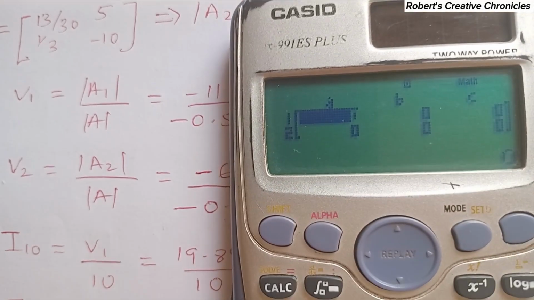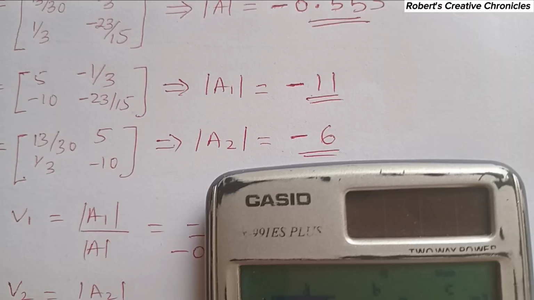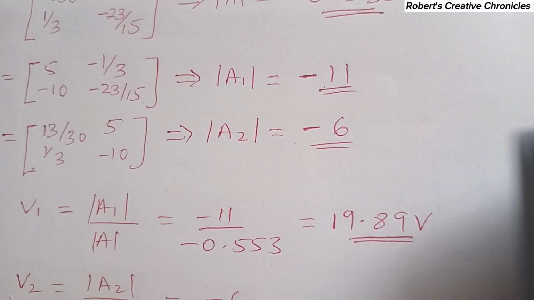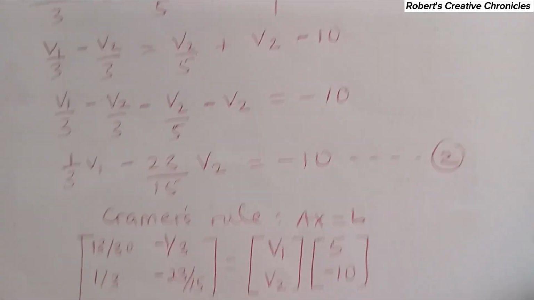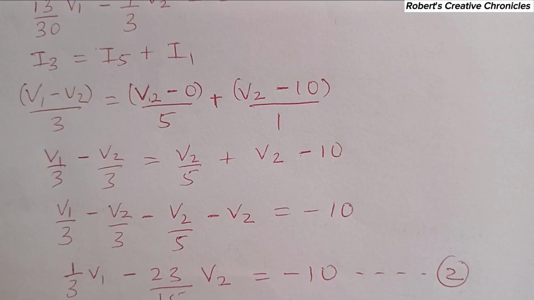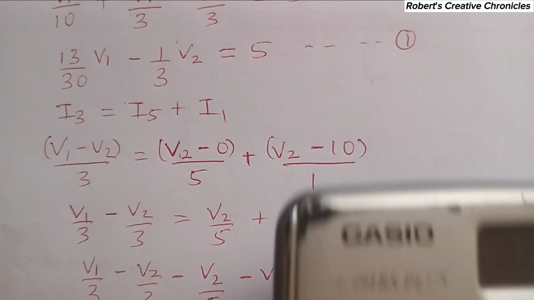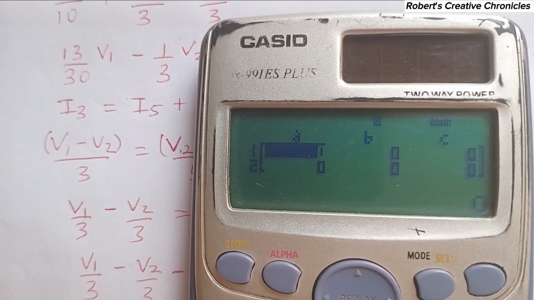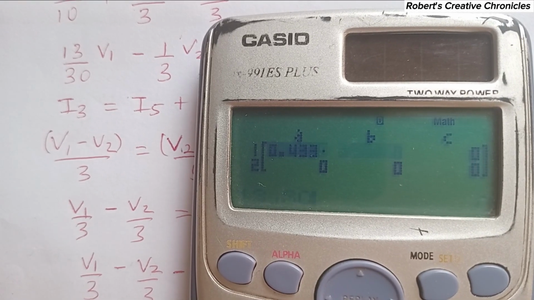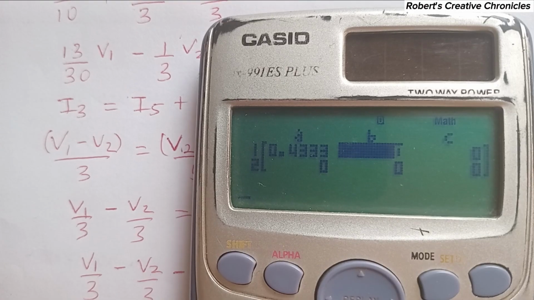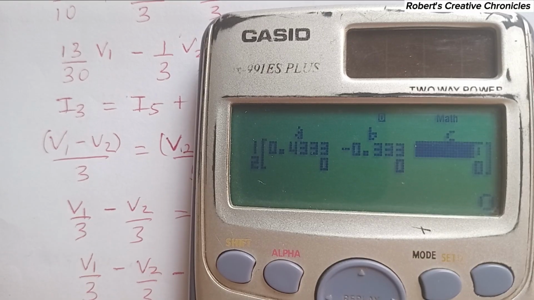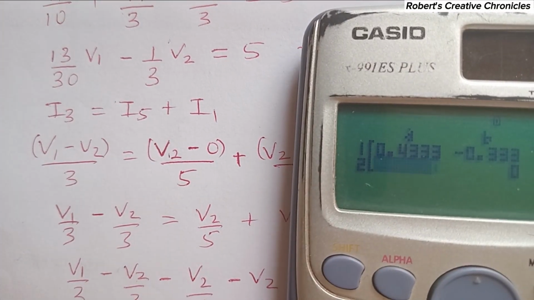So we'll enter these coefficients. These are the coefficients of the 2 equations. The first one is 13 over 30, then negative 1 over 3, then the last one is 5.